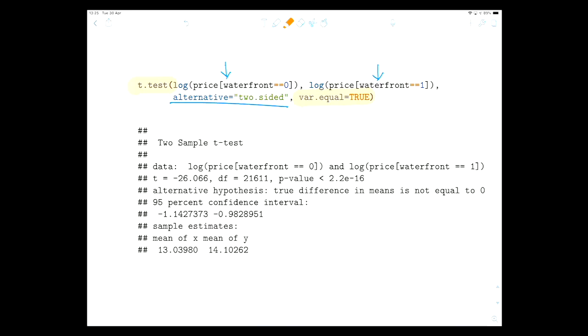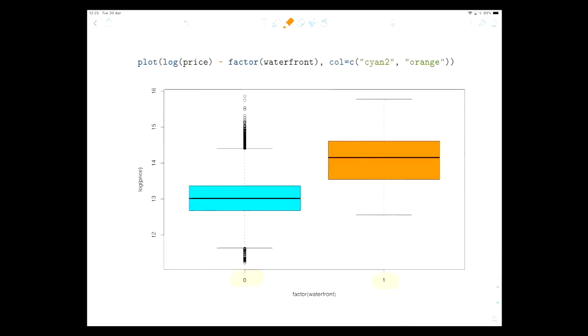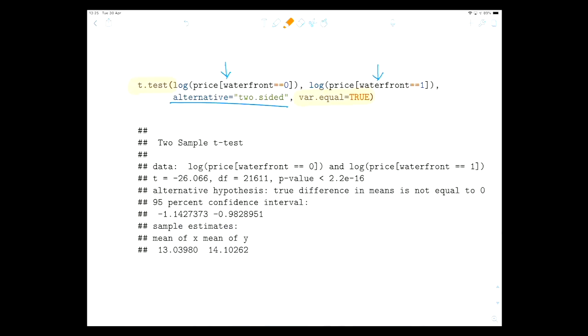Now for us, visually we had just seen using the box plot that the variances of the two groups are not too different from each other. So we specify that condition in our t.test function.